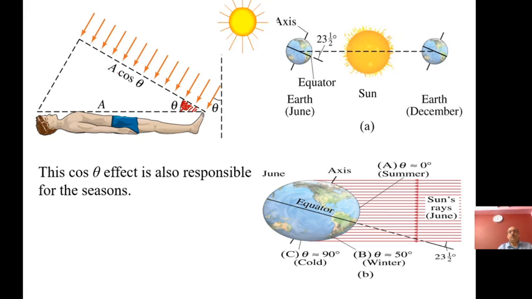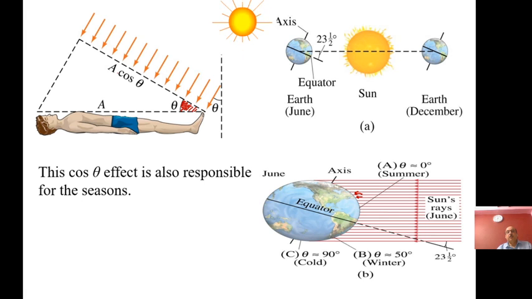Here we consider the light rays are coming from the sun in the month of June. They are mostly falling on the northern hemisphere, because the angle is 23 with the axis of rotation.